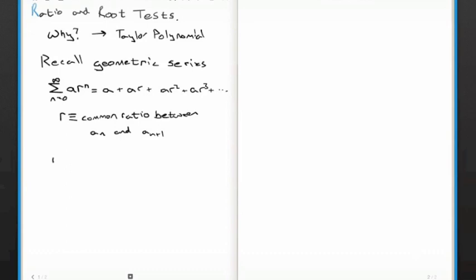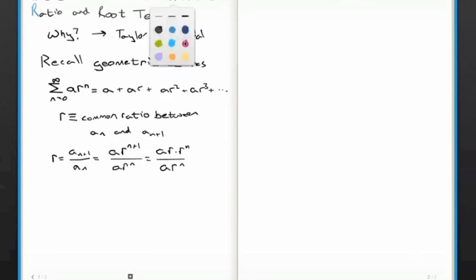So if we say that r equals this ratio, a sub n plus 1 divided by a sub n, well, that equals a times r to the n plus 1, over a times r to the n. And I know that that equals, I can break this n plus 1 into an a times an r to the n, over a times just r to the n.